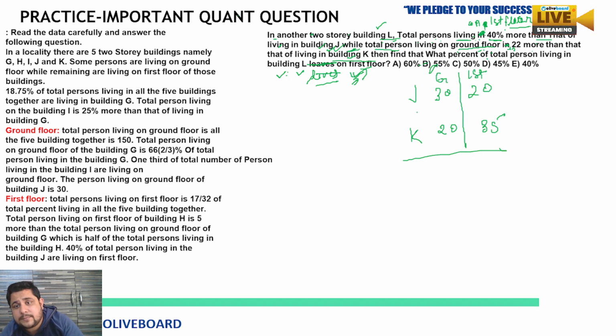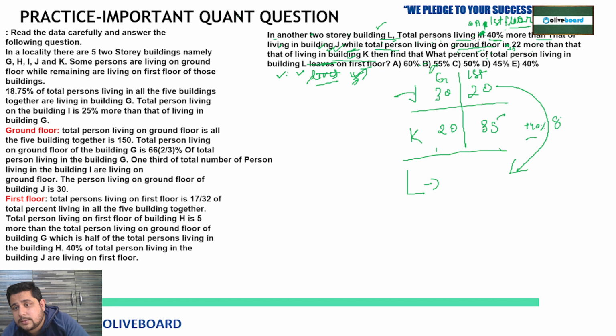Getting the data? Okay. So now total persons living on the first floor are 40% more than that of living in building J. Okay, so we are talking about another building L. So 40%, they are talking about the first floor, so it is 40% more than that. So 40% of 20 would be what?